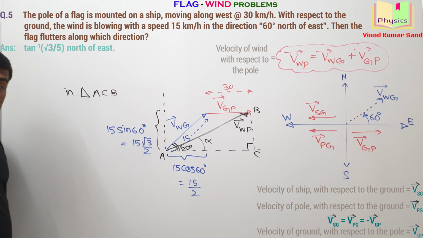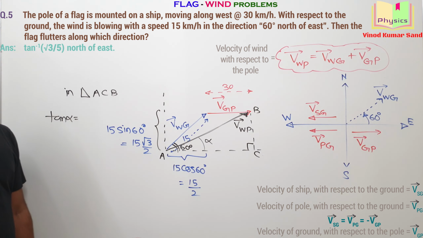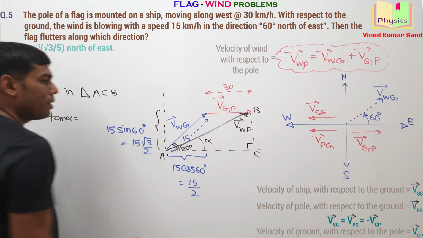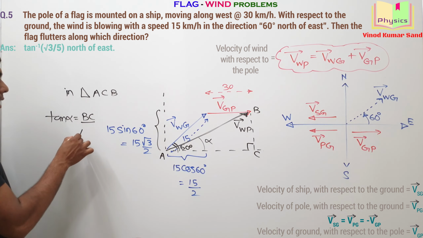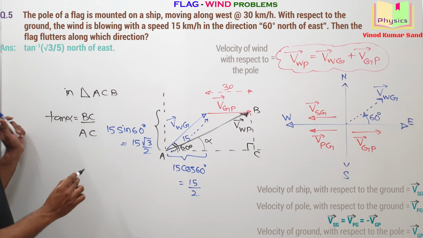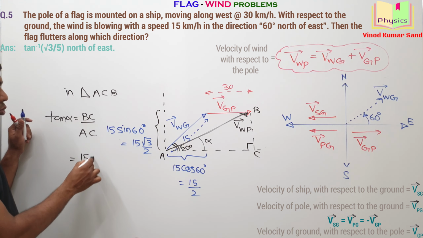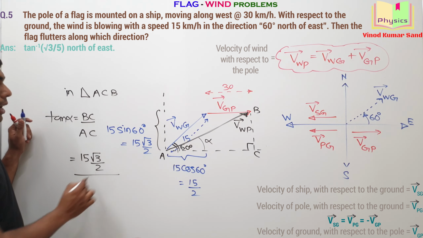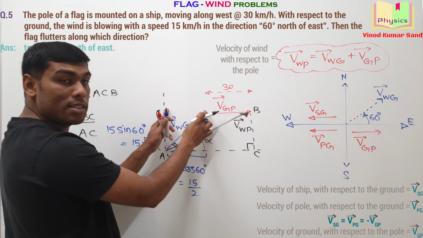ACB, I am taking up tan alpha. What I should write? The tan alpha will be the BC side divided by the AC side. You agree with that? The BC side is already known to us. It is 15 root 3 by 2. And now we require the AC side. AC side is this length plus this length.